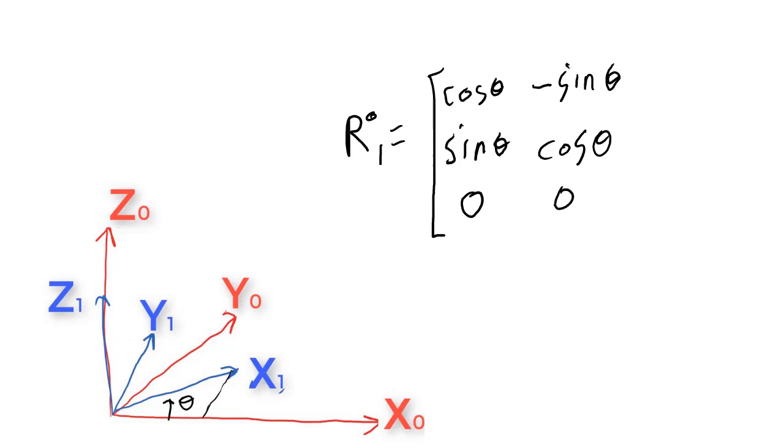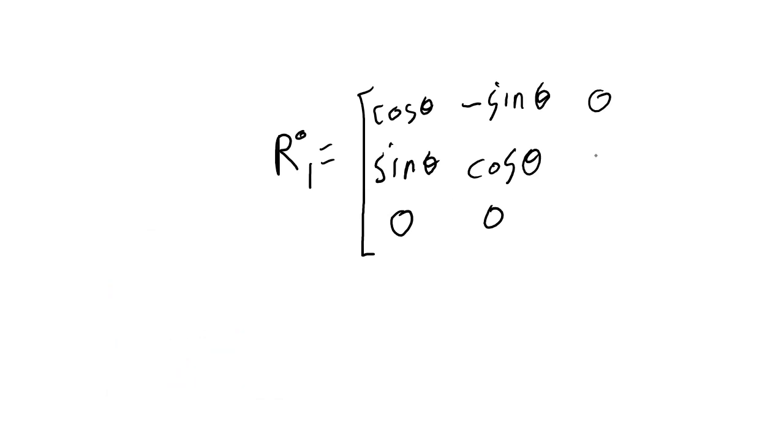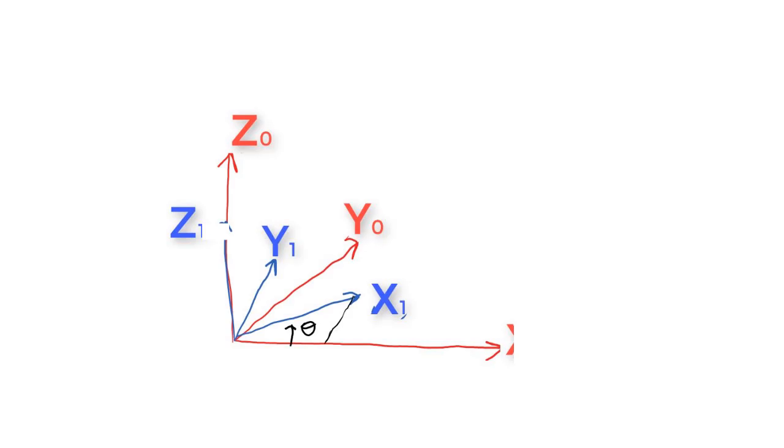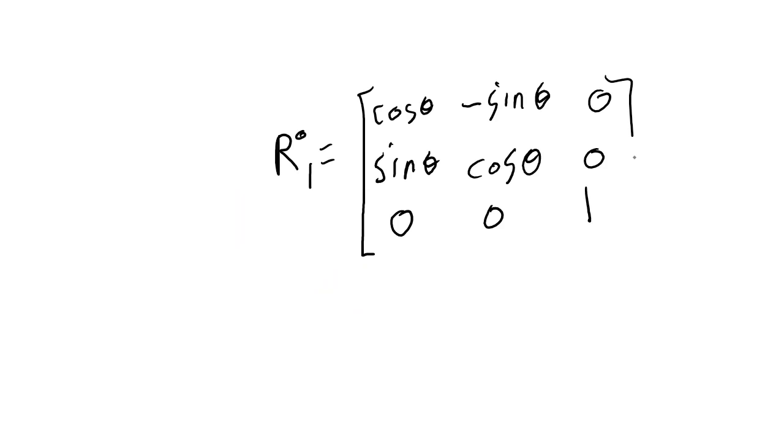That means that the projection of z1 on x0 and y0 will both be 0, and I can fill in zeros in these places in the matrix. What's the projection of z1 on z0? Since the length of z1 is 1, and z1 lines up exactly with z0, that means that the projection of z1 on z0 is 1. I'll fill in 1 at this place in the matrix.